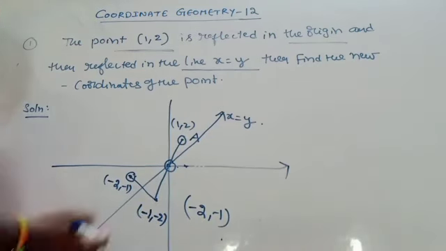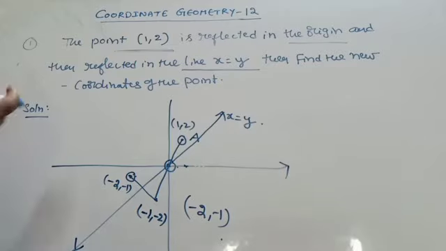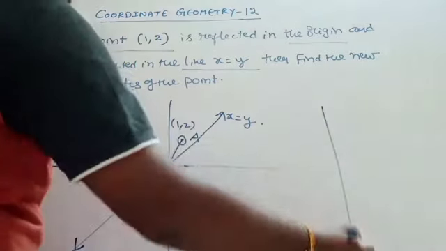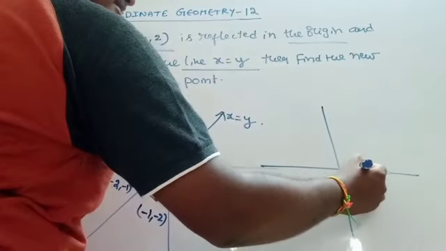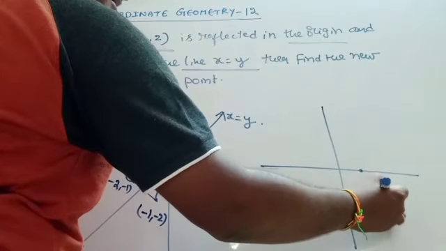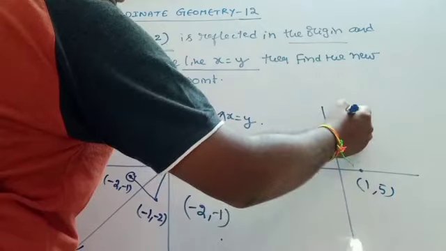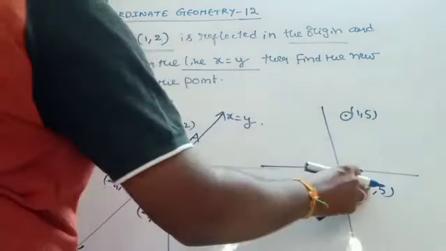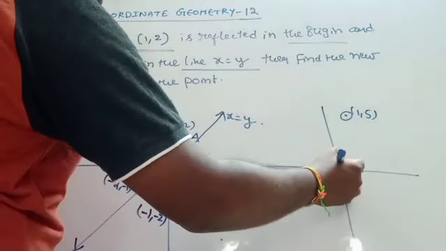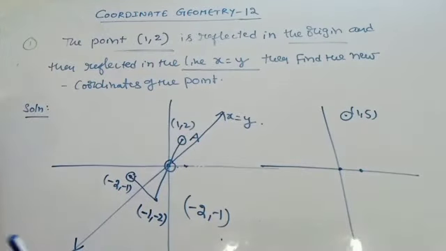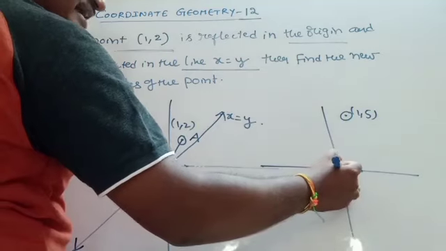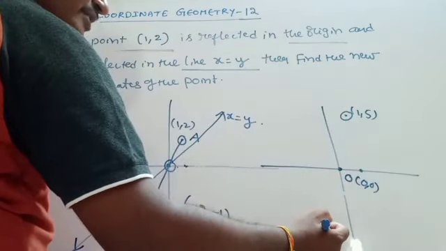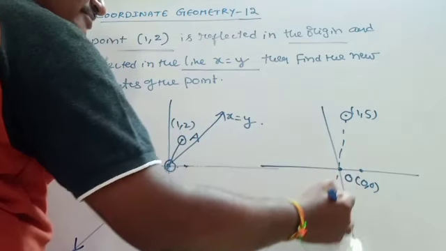If you do some more general things, suppose I take another point (1, 5). If the origin is acting as a mirror, this is (0, 0), then correctly it will come like this.